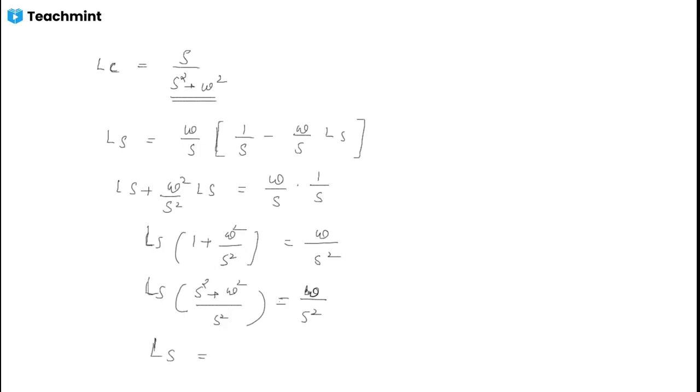Laplace transform of sine, the sine transform is omega by S square plus omega square. So the cosine transform is S by S square plus omega square and the sine transform is omega by S square plus omega square.